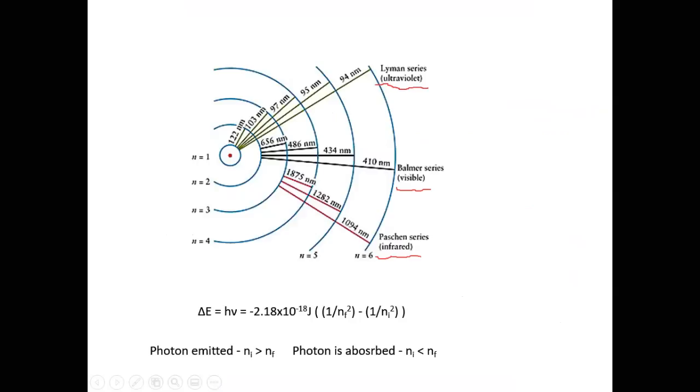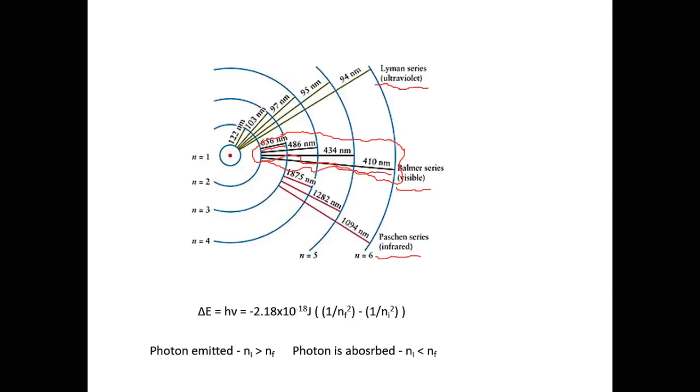But what you should notice in each individual series, so let's say we're just looking at the Balmer series: the smaller the difference in energy levels, the longer the wavelength. The larger the difference in energy levels, the shorter the wavelength. So greater difference in energy level, shorter wavelength. Smaller difference in energy level, longer wavelength.